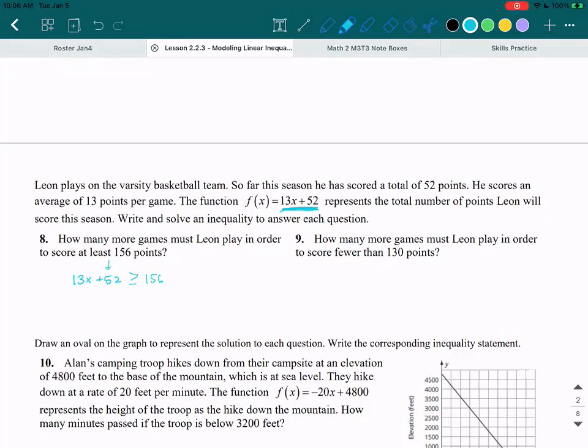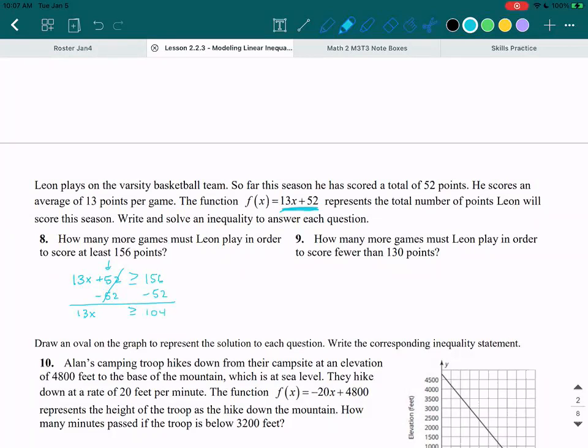Let's get rid of the plus 52. Since it's plus 52, we do the opposite. We subtract 52 from both sides. Those cancel out. You are left with 13x is greater than or equal to, and then 156 minus 52 will give us 104.